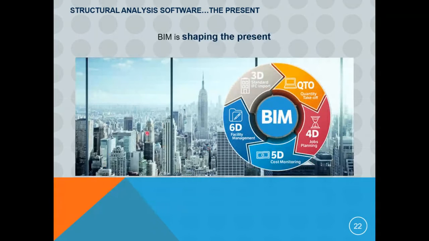So BIM is shaping the present, where we can see the current construction activities in different conditions, at the site or in the office, planning, cost monitoring, facility management. Everything is controlled by BIM nowadays.